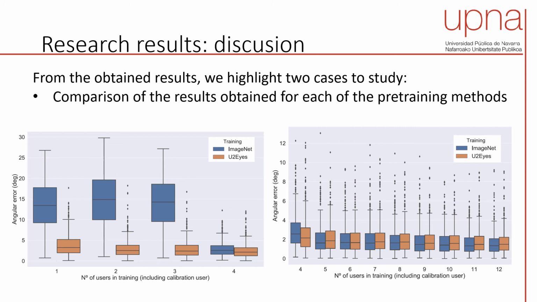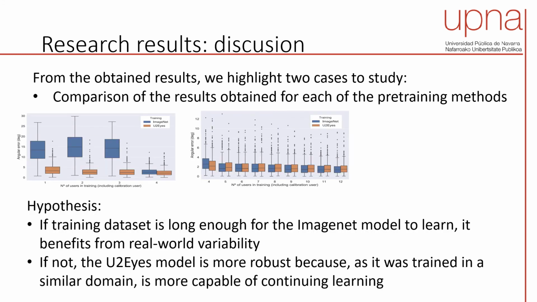When comparing the performance of both pre-training strategies over the full training range, we distinguish two regions. A first region where the number of training users is less than or equal to 2 plus the calibration user, and a second region where the number of training users goes from 3 plus 1 to 11 plus 1. We will start our analysis in the second region. In this situation, the models trained with either of the two pre-training strategies have a similar performance, but slightly better for the ImageNet method.